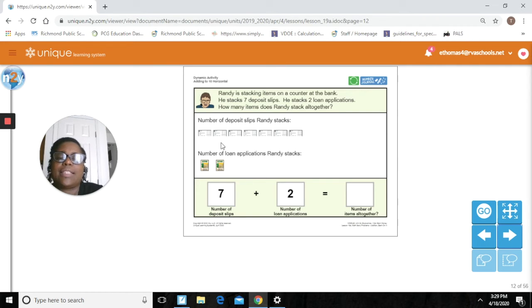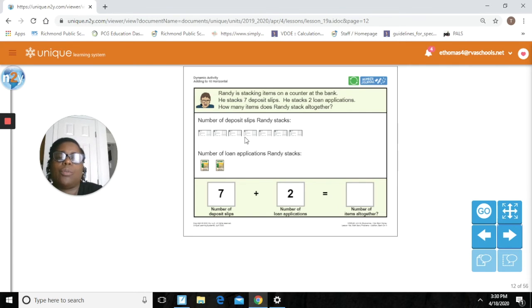So take out 7 of your counters. Whatever counters that you had, take out 7 of them. Now take out 2 more counters. Now you're going to push those groups of objects together. Push those groups together, okay? And then we're going to determine how many we have in all.